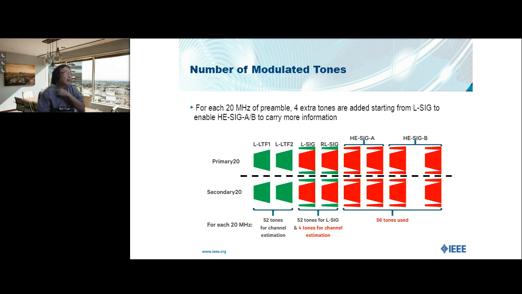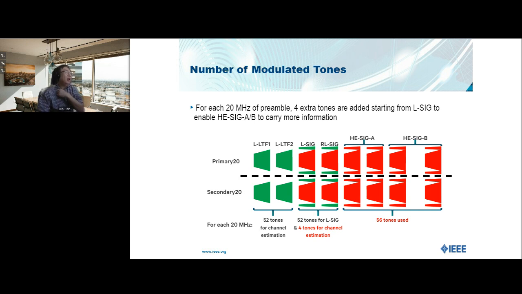Okay, so I want to talk a little bit about modulated tones. Generally speaking, all this preamble is sent every 20 megahertz. Each 20 megahertz content is independent. In the L6 portion and the RL6 portion, all these portions are repeated every 20 megahertz.